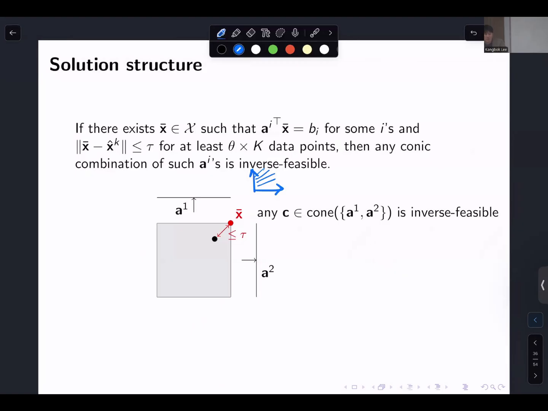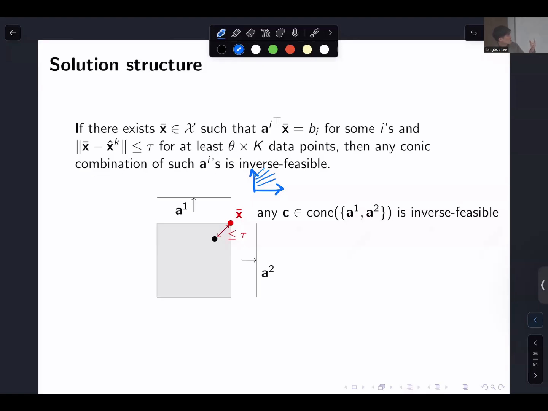Does that make sense? So this problem, geometrically speaking, is all about matching data points with the facets or the hyperplanes of the polyhedron. I'm trying to find the facets that are within tau distance from data points, collect them, and find the intersections of different hyperplanes to find this corner point, for example.